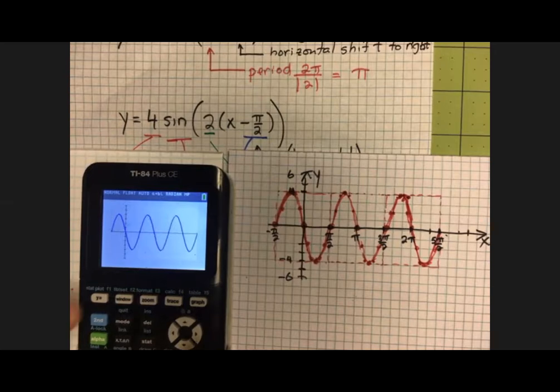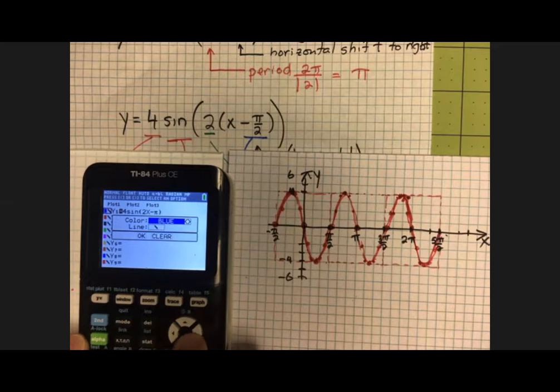Well, maybe it'd be a more perfect match if I made it red. And so this calculator allows me to change the color, which I think is a little bit of overkill. Here's red.